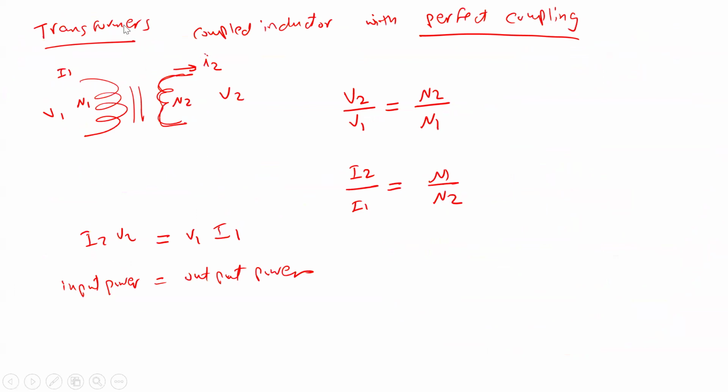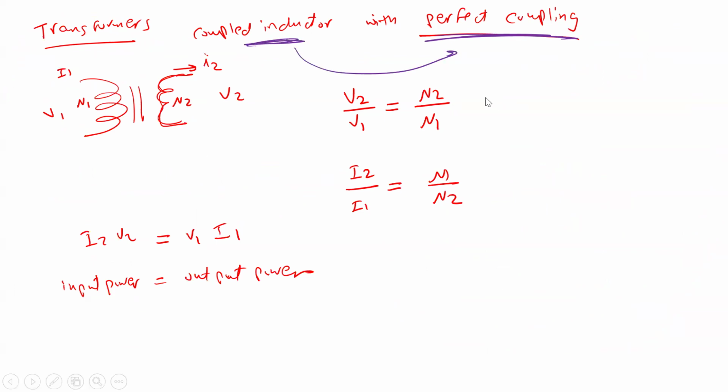Transformers are actually coupled inductors with perfect coupling. So it's almost the same architecture, but the main thing in transformers is that the coupling has to be perfect. It's still a coupled inductor, but with perfect coupling.